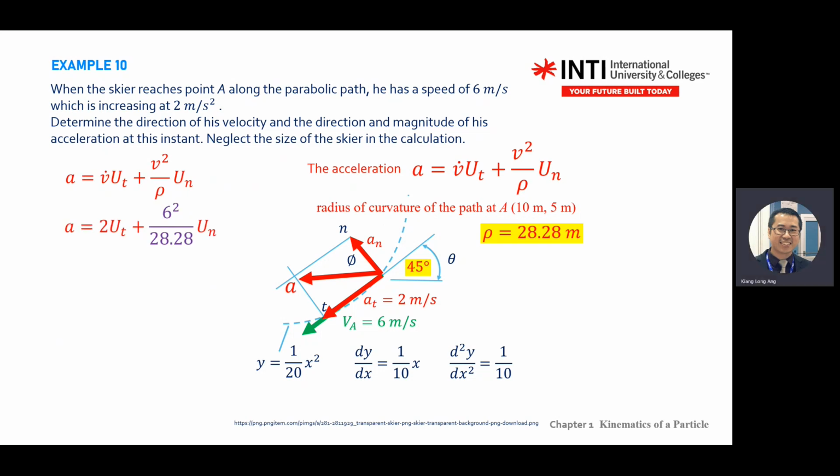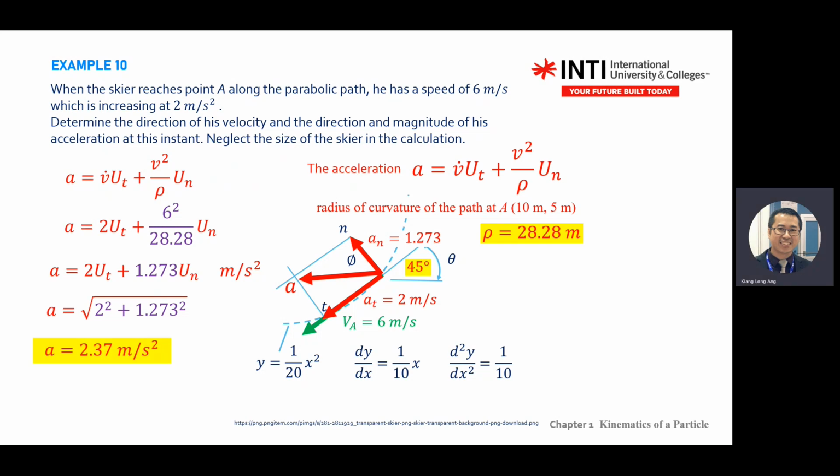Then you substitute. Again, for V we use the tangent velocity, 6. This one you get 2 because it's given in the tangent direction. You do the calculation, and the answer will be 2 point something.